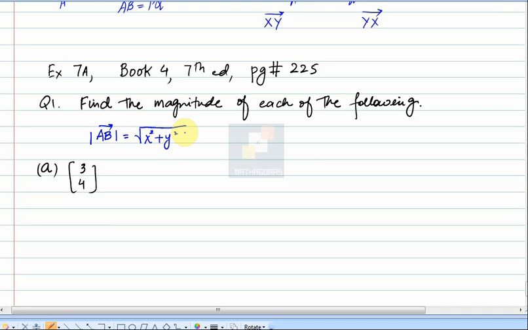In order to find out the magnitude of 3, 4, it will be under root 3 square plus 4 square. 3 square is 9 and 4 square is 16. 16 plus 9 is 25, and the root of 25 is 5. Right? Simple, not complicated, not difficult, a very simple question it is. Note it down in your copies.